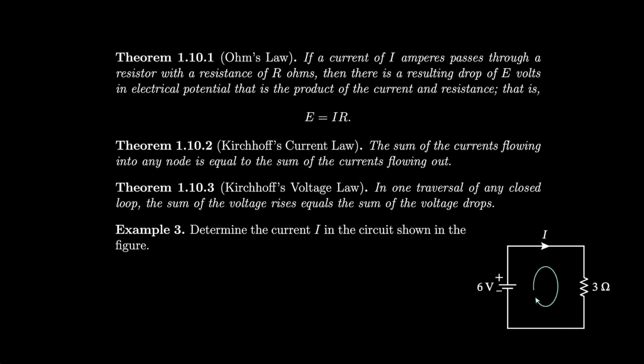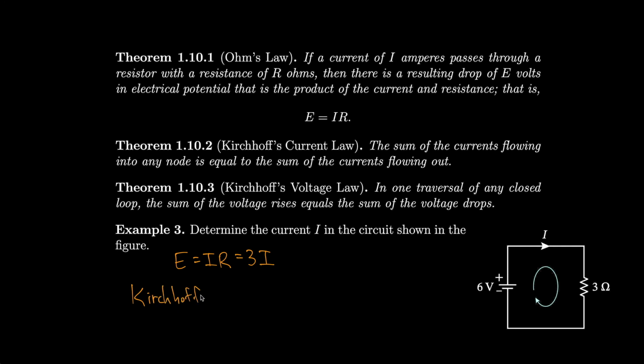So how about we determine the current I in the circuit shown in the figure? We'll write E equals IR. In this case, our resistance is 3 ohms, so this is just 3I, because R is 3. Let's apply Kirchhoff now.